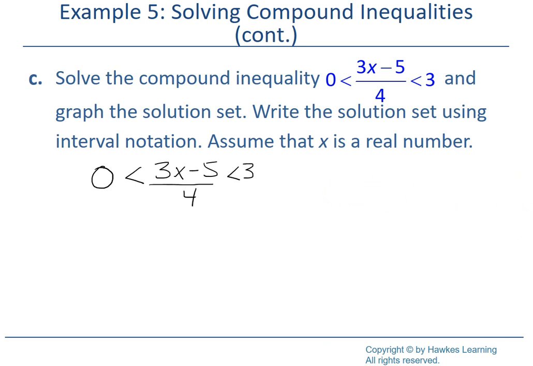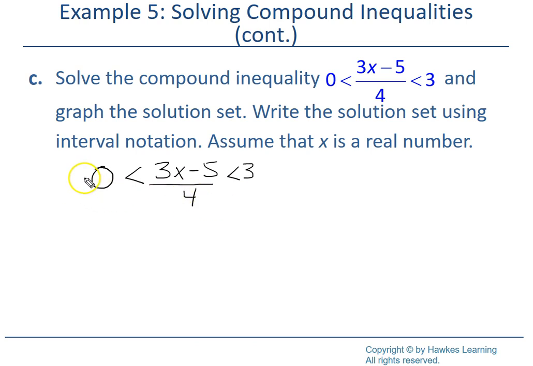And we want to, again, isolate the x. I'm going to change colors here. So a couple of things. We have a fraction. So the same rule, we're going to multiply each term by 4: this is one term, this is one term, this is one term.